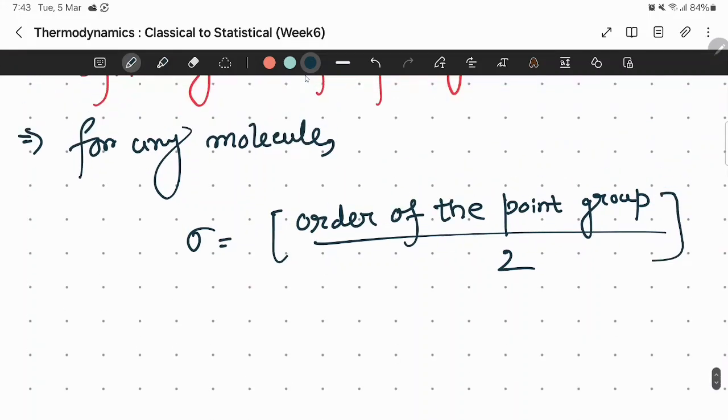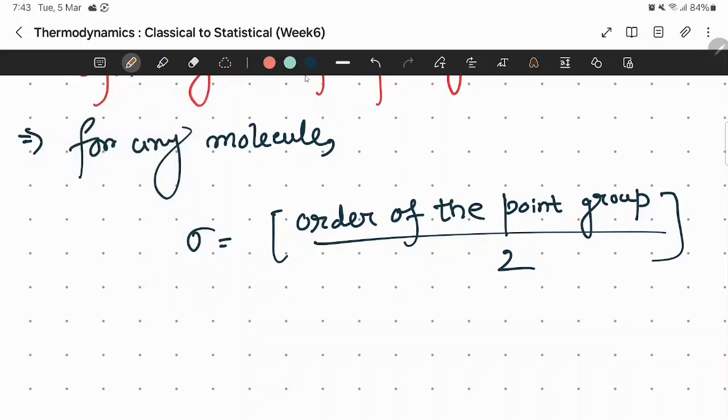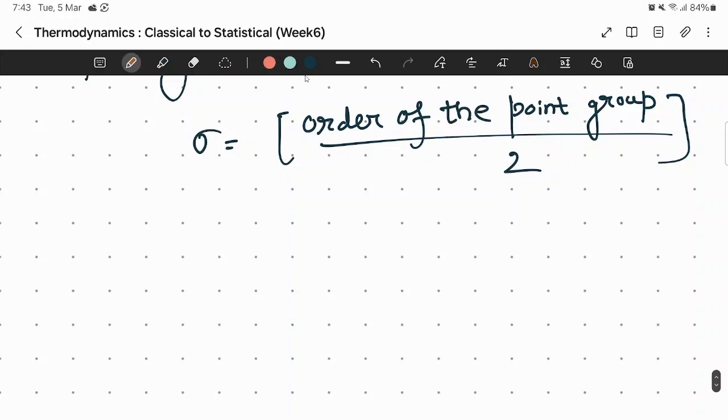For understanding this formula, the order of the point group is required, because for each molecule there is a point group, and for any point group there is an order, that means the number of elements under that group. If you divide it by 2, then you can find sigma. This is not a trick, this is the formula. But for that, you have to know group theory to find the order.